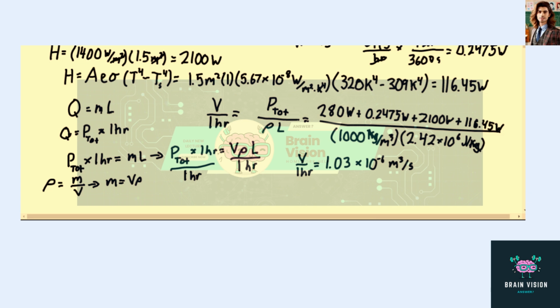To get an idea of how much that is, let's convert that into more reasonable units of liters per hour.